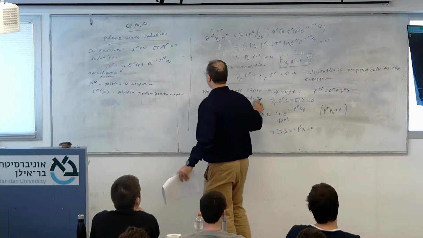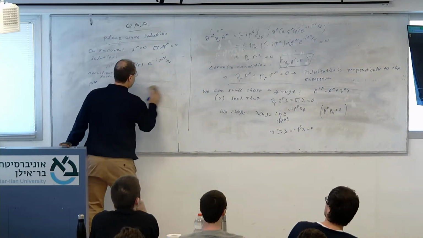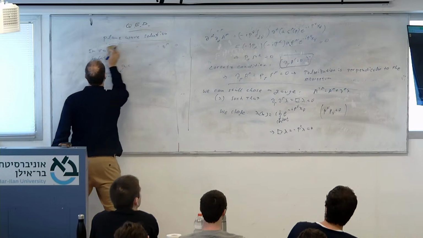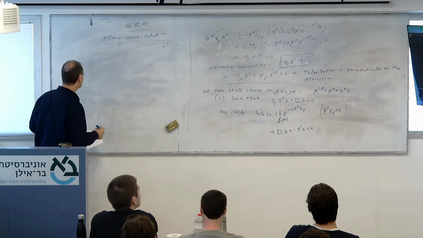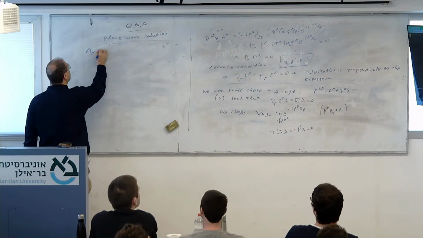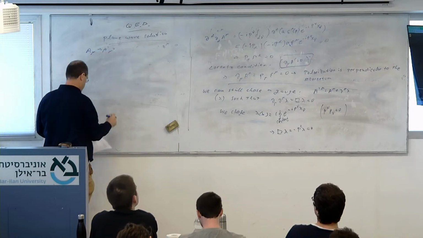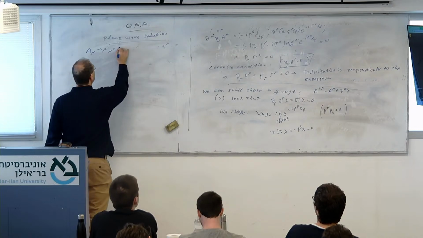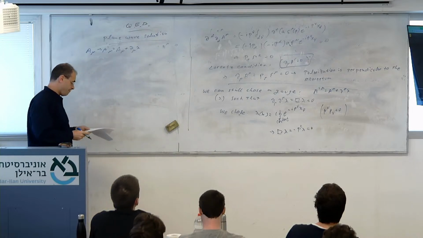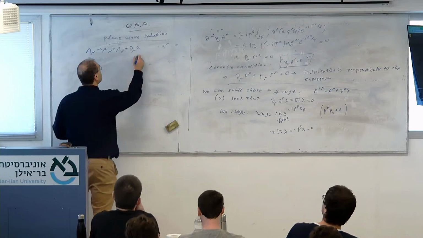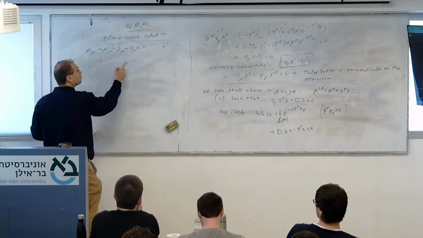So for this choice of lambda, we have, making the gauge transformation now, A prime mu, which is A mu plus d mu lambda, which is equal to what we had written.